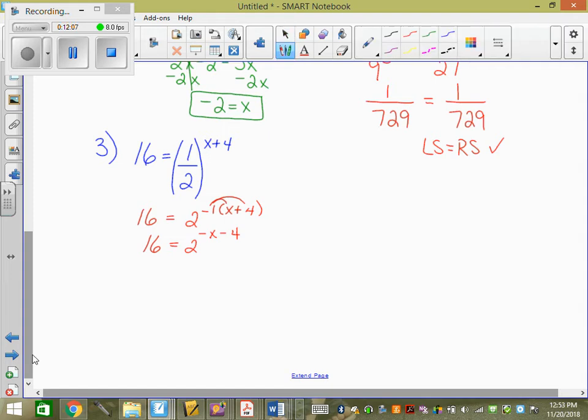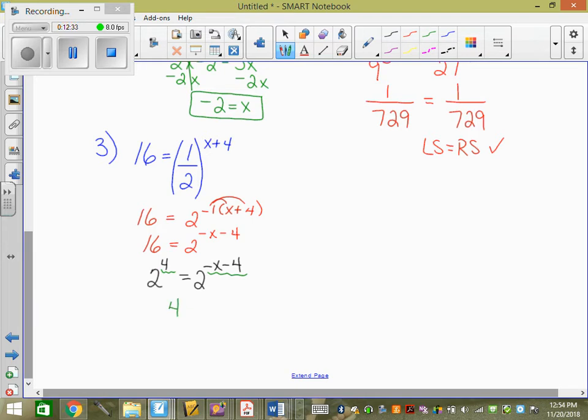So 16 is 2 to the what? 2 to the 4. Now, if this is 2 to the something equals 2 to the something, what can I say after this? That those two must equal each other.